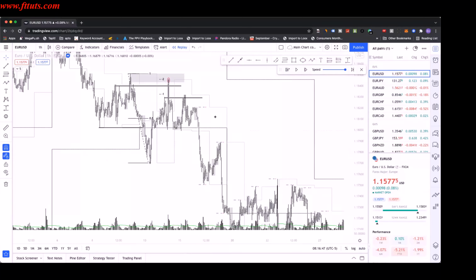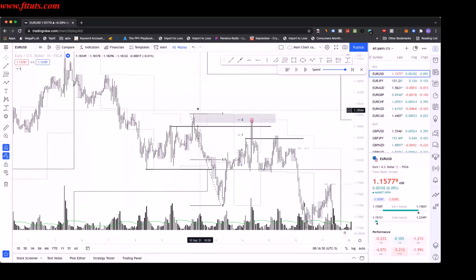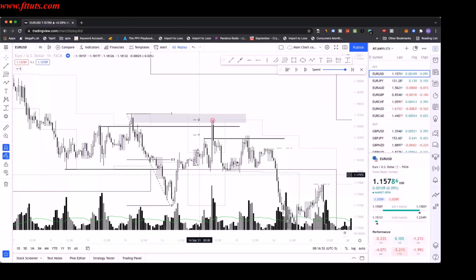Right here. Okay, so the confluence is here. And the only reason I'm using this trade is because this is probably the biggest trade of last year.